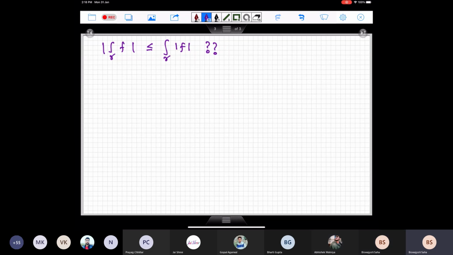Why? Because f is u plus iv type, then the mod is u squared plus v squared to the power 1 upon 2. Then this is a real integration. So mod f is also real, right? Yes. So then why can't I write this?